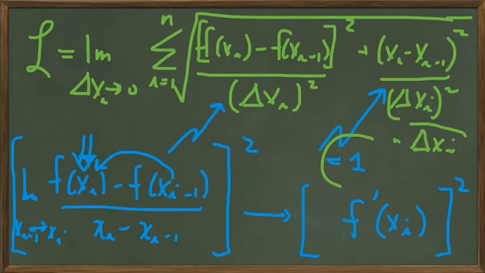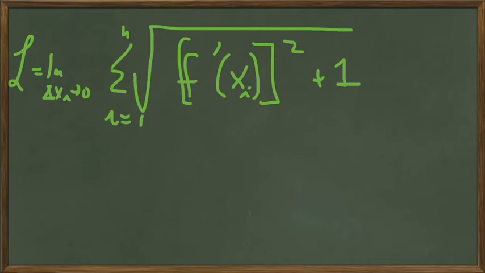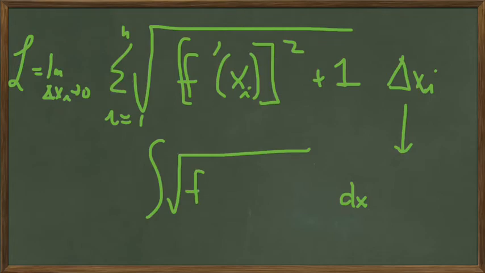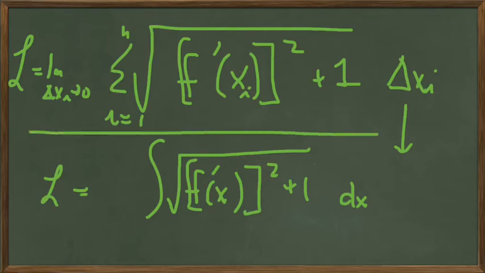Remember that this thing was multiplied on the outside by delta x sub i, so there is a delta x sub i here, and as delta x sub i goes to 0, that becomes a dx, the summation sign becomes an integral, and the subscript i disappears, and we just get the square root of f prime of x squared plus 1, and that is our arc length formula.